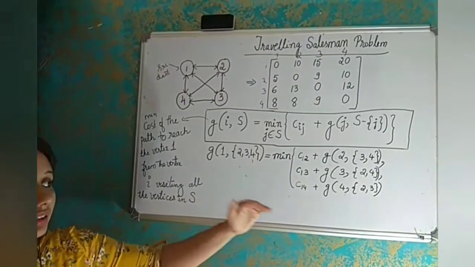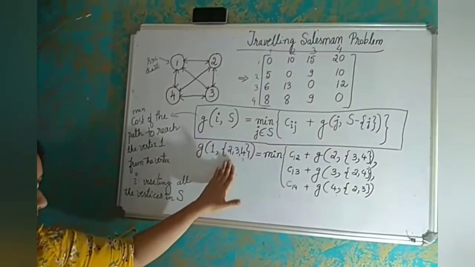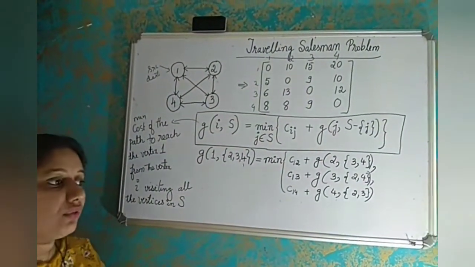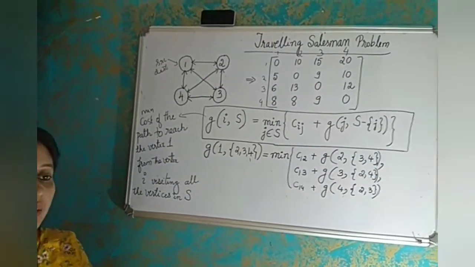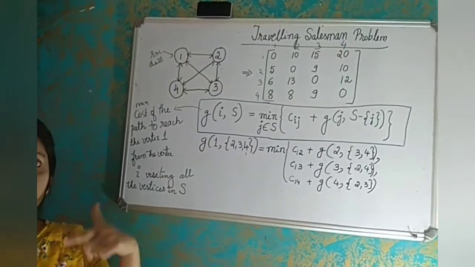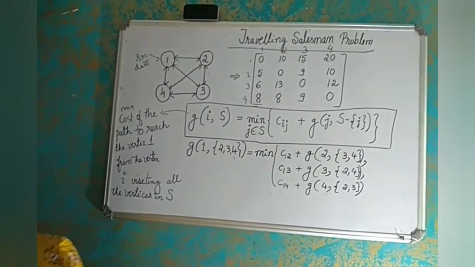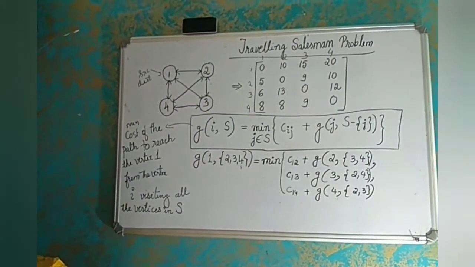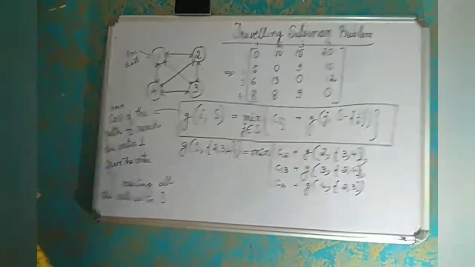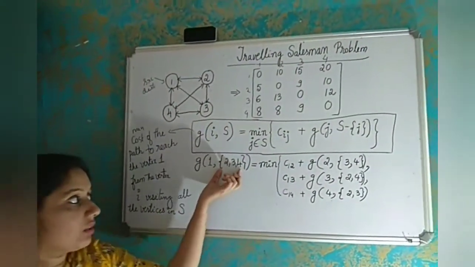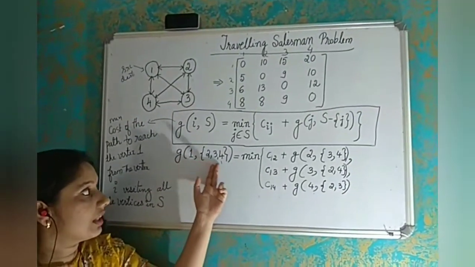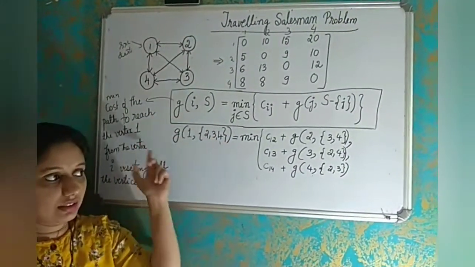So in that method we started from 0 items, then went with a single item, then calculated the values for 2 items, 3 items, and then 4 items. The same thing applies here also: we are not directly going to consider all these 4 vertices.